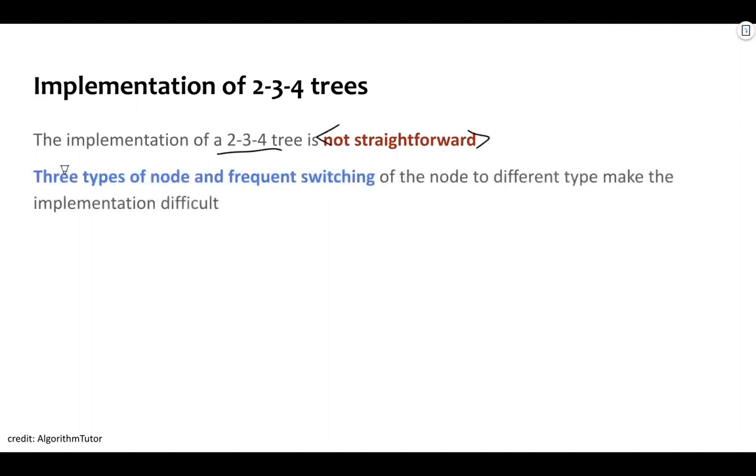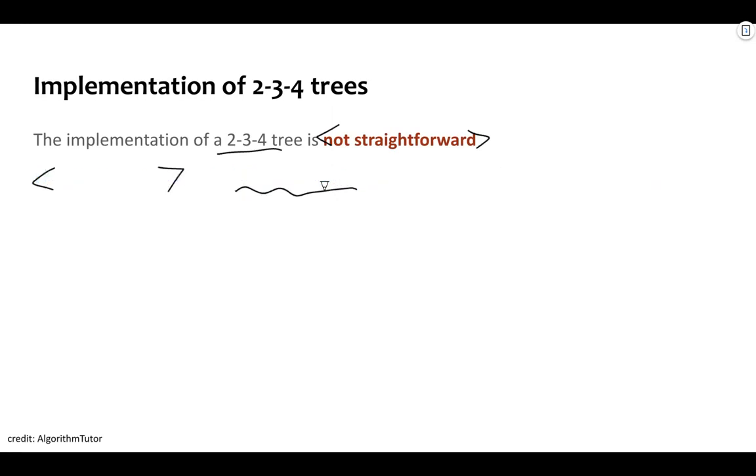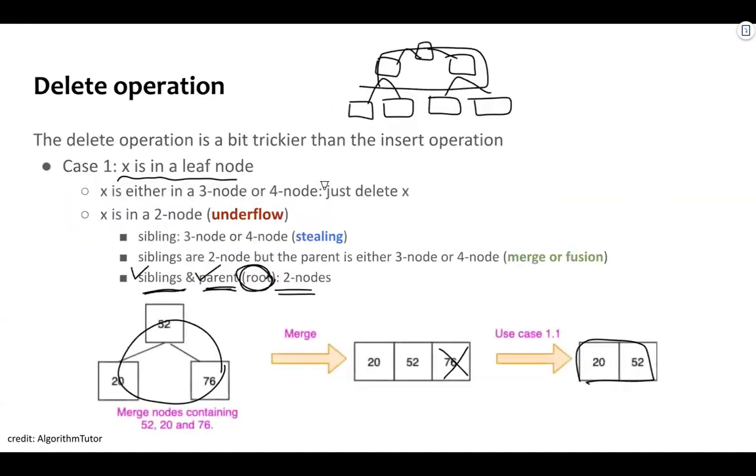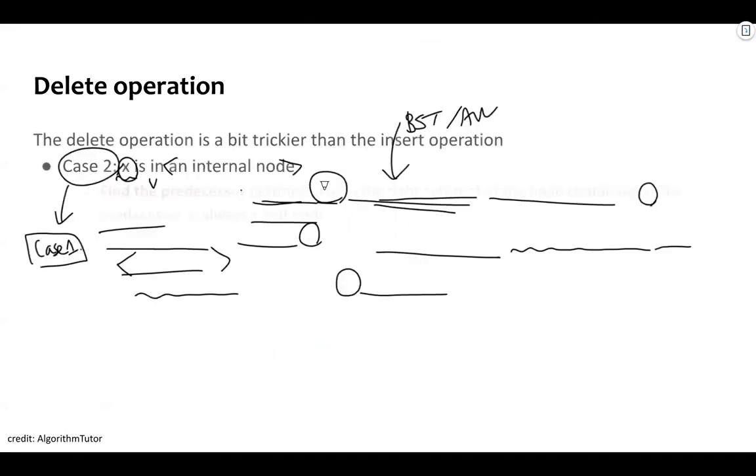We saw that there are 3 types of nodes, and there is frequent switching. As you saw in the previous slides, we need to move nodes from bottom to top, top to bottom quite a lot when we are both inserting and deleting. And these properties make implementation very complicated.